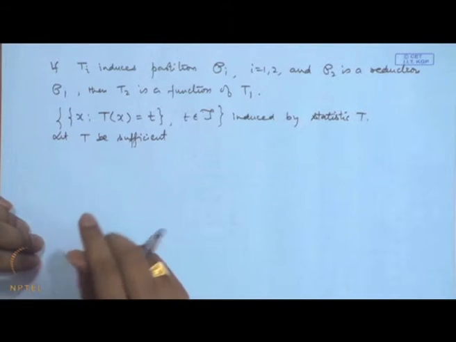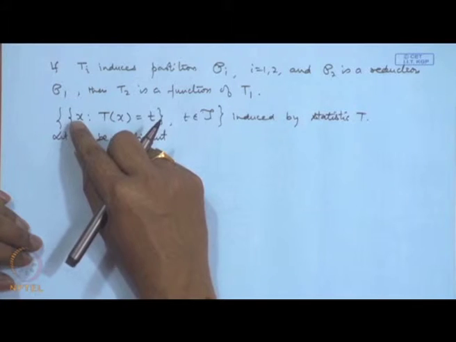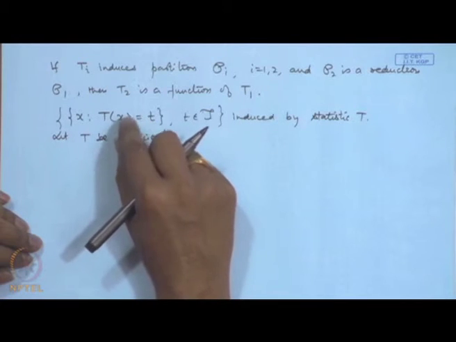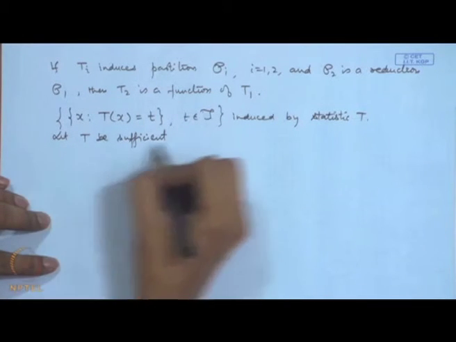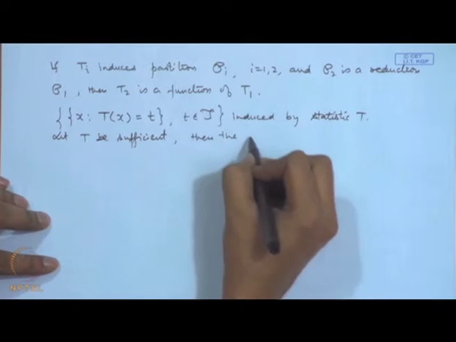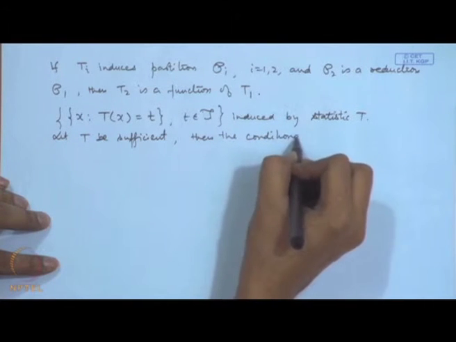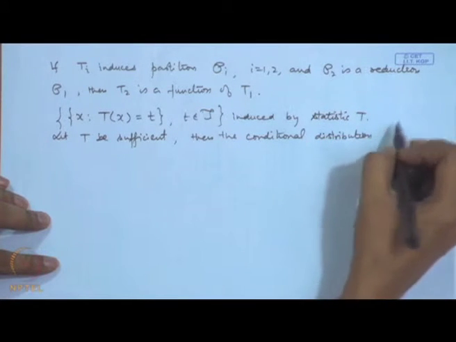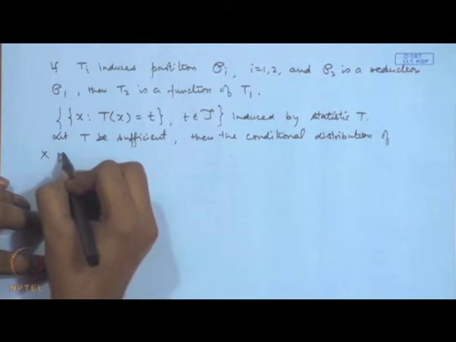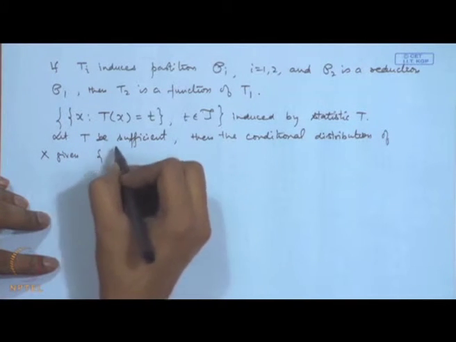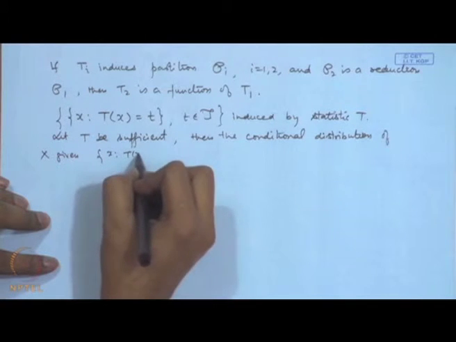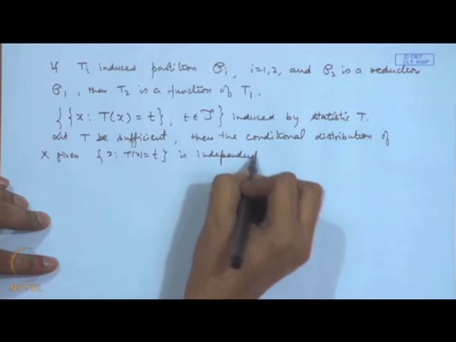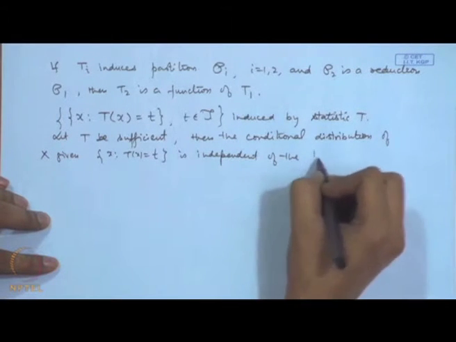Now, the definition of sufficiency says that the conditional distribution of the data, that is x1, x2, ..., xn, given T must be independent of the parameter. So, we can say that the conditional distribution of x given x such that T(x) = t is independent of the parameter.